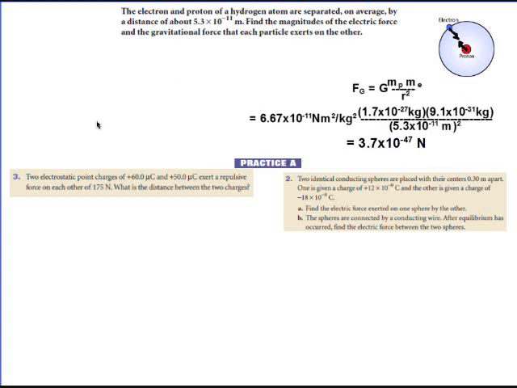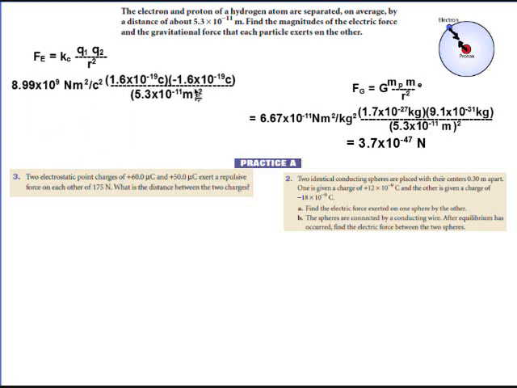Now, we also want to go ahead and compute the electric force. So what I'm going to do is use the equation to describe the electric force: Coulomb constant times Q1 times Q2 all over r squared, and these Q's are the amount of charge on each one of those objects. Well, the Coulomb constant is 8.99 times 10 to the 9th newton meter squared per coulomb squared.